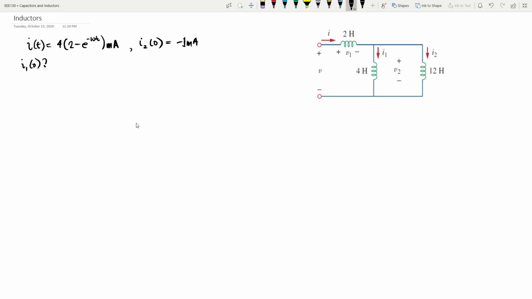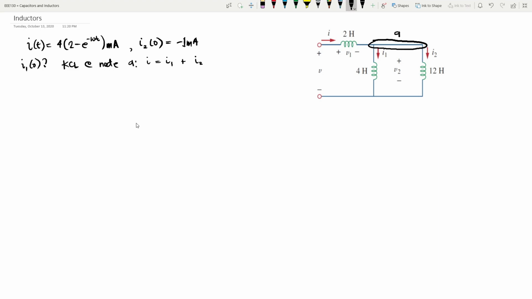How do we get the value of I1 of 0? So first, let's apply KCL at this node. So let's label this as node A. So KCL at node A, we have I is just equivalent to I1 plus I2.